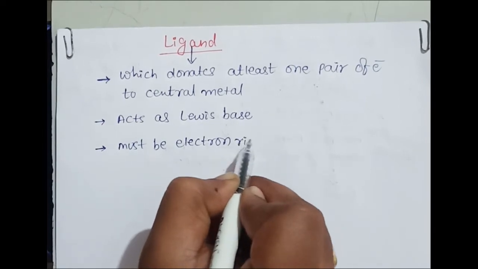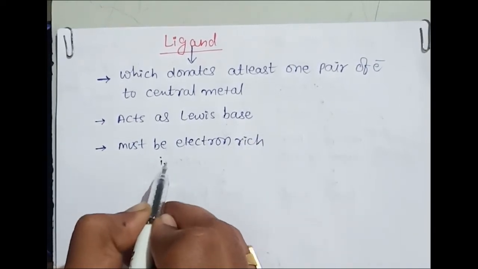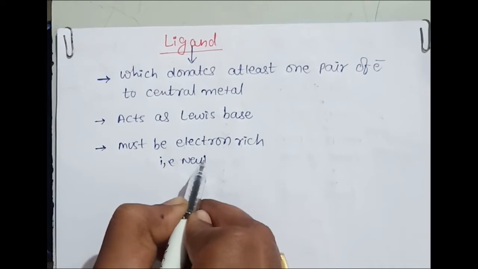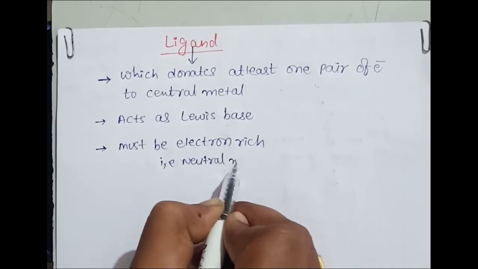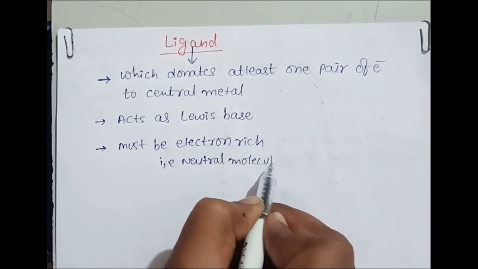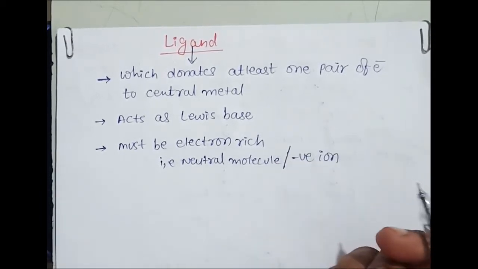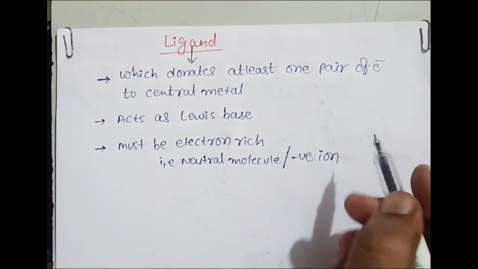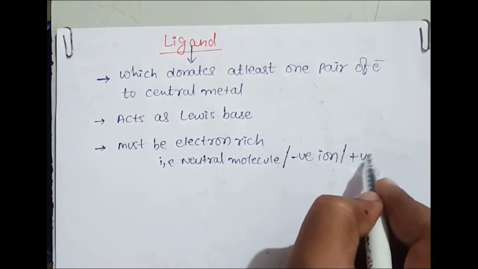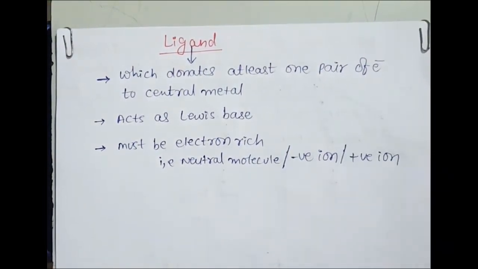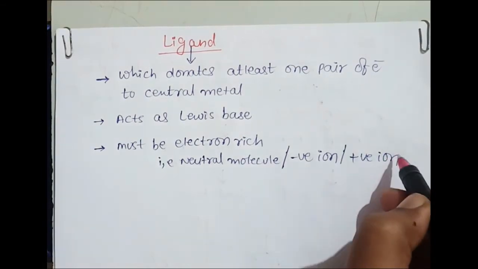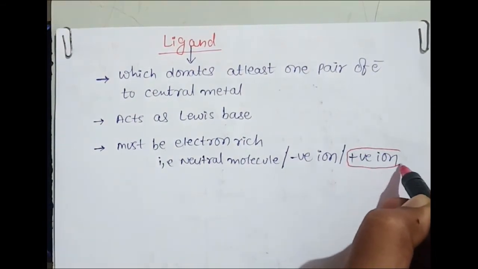Electron rich means it is either a neutral molecule or a negative ion, but not a positive ion. A positive ion is very rare, the rarest of the rare cases, an exceptional case.